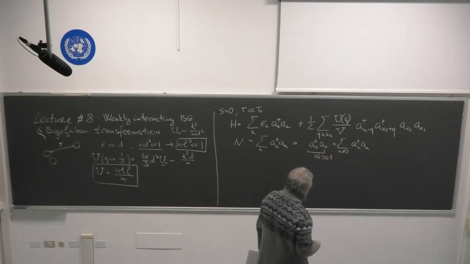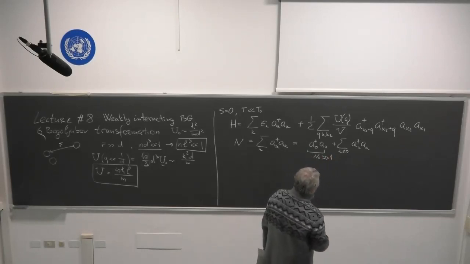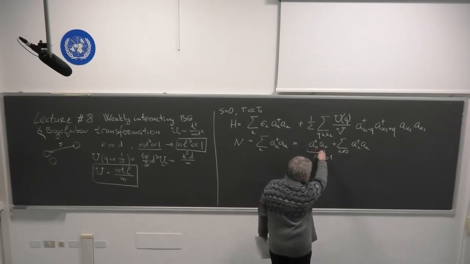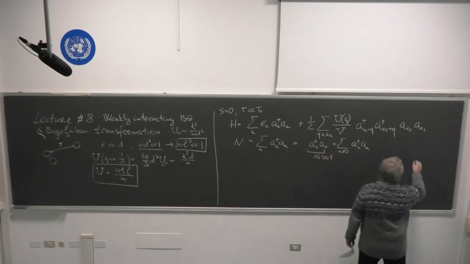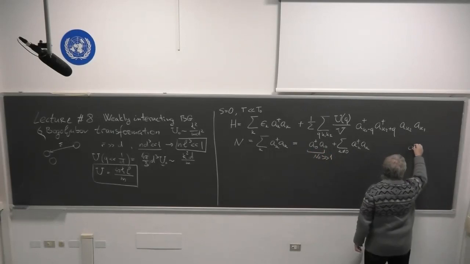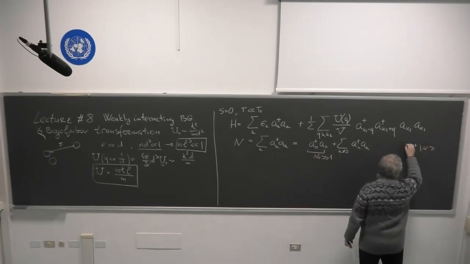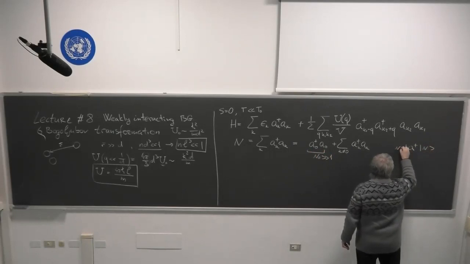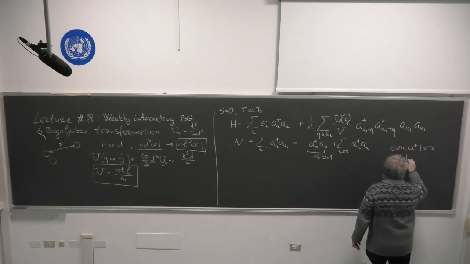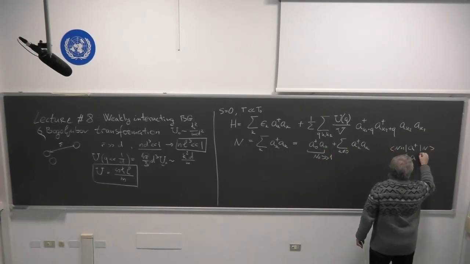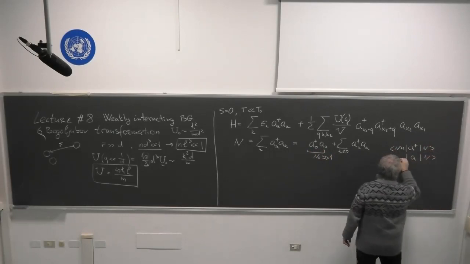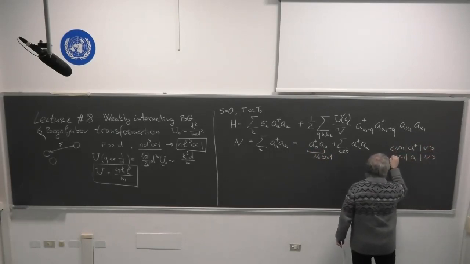You remember, the creation operator a dagger acting on a state with n particles transfers it to the state n plus 1, and the operator a acting on a state with n transfers it to the state n minus 1.